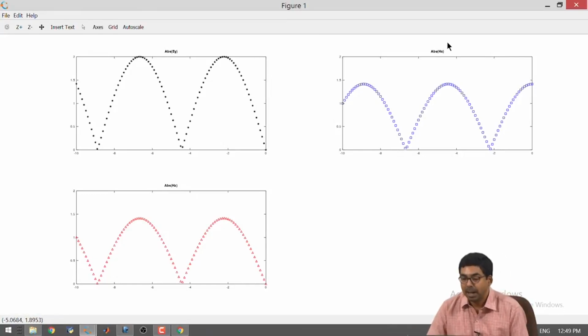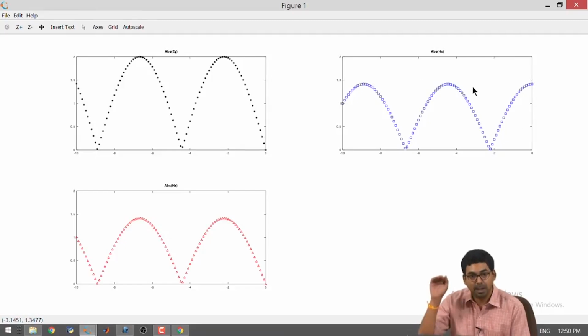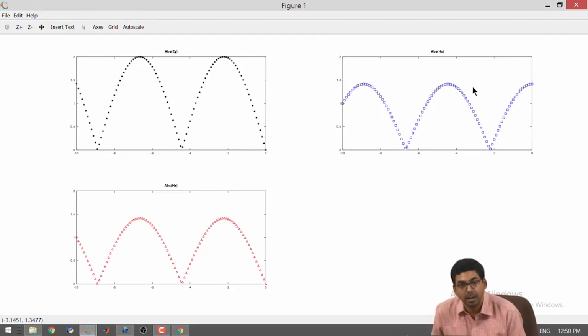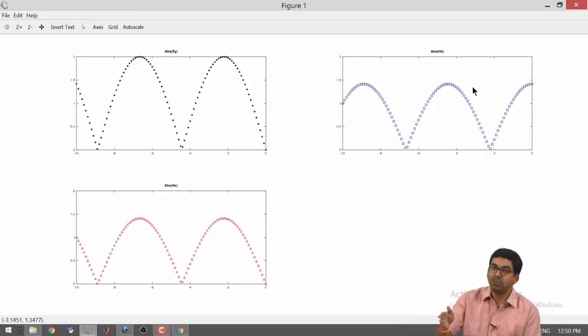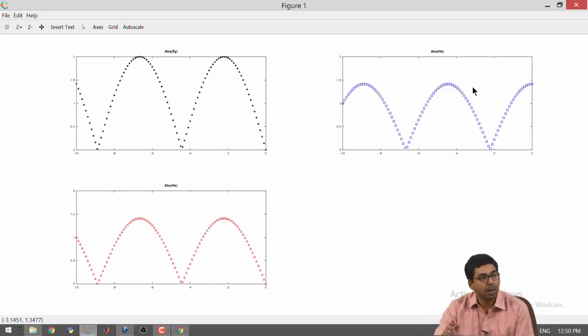Now, if I look at Hx, wherever Ey has a peak, there is a dip for Hx. So, Hx is in phase quadrature, out of phase by 90 degrees with respect to Ey or Hz.